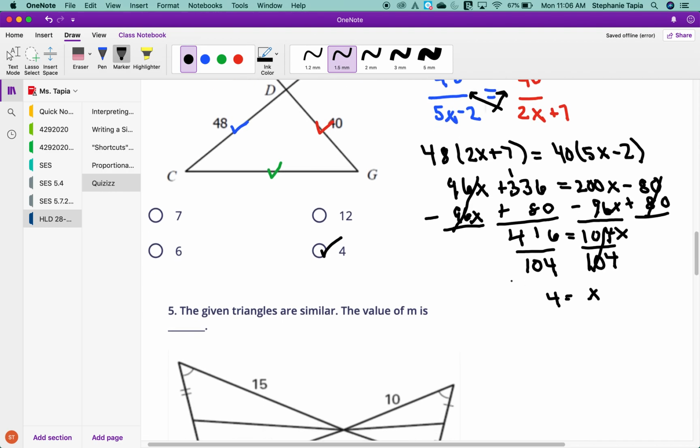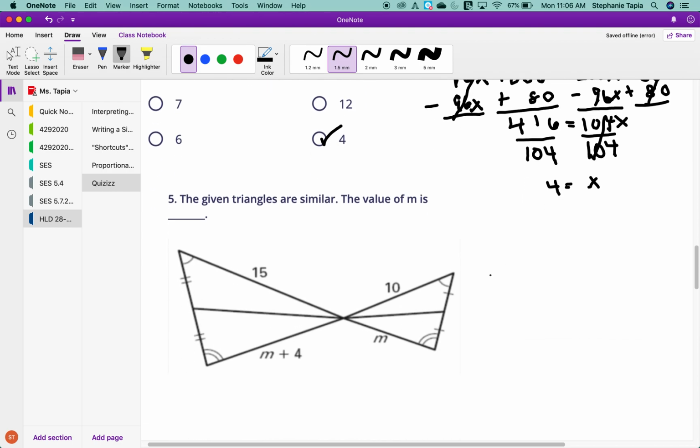Okay. Same thing here. So the given triangles are similar. The value of m is blank. So here you were given the angle measures, what was similar. And basically you had to use that to correspond the sides.